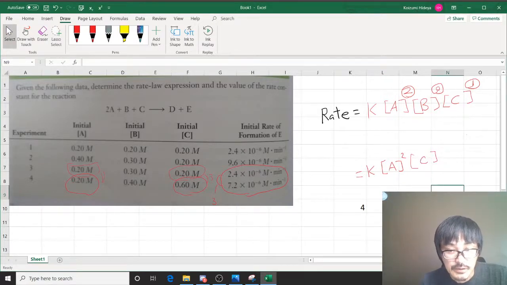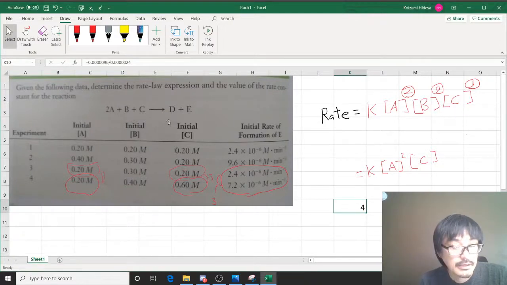Let's plug in the numbers and see what's going on.